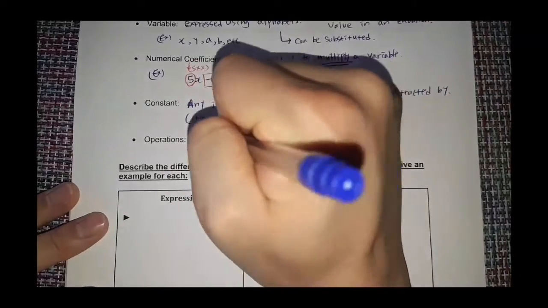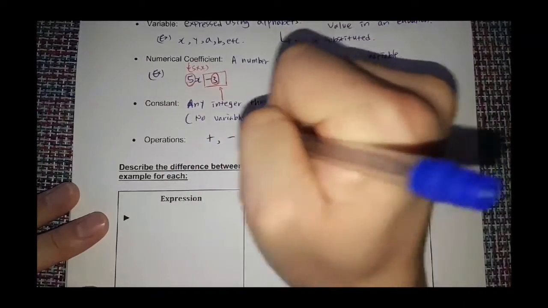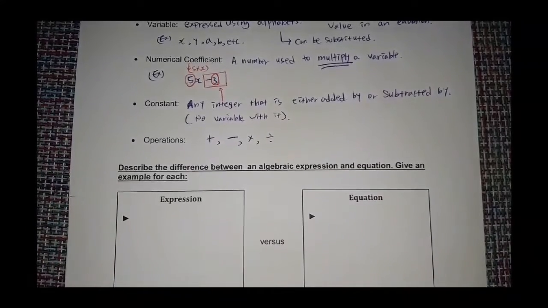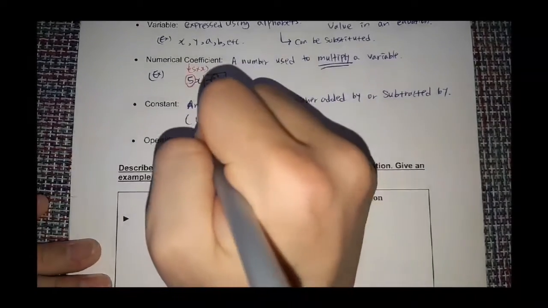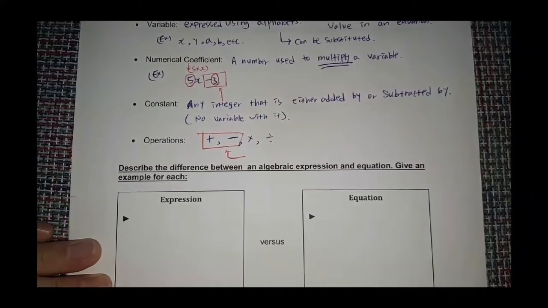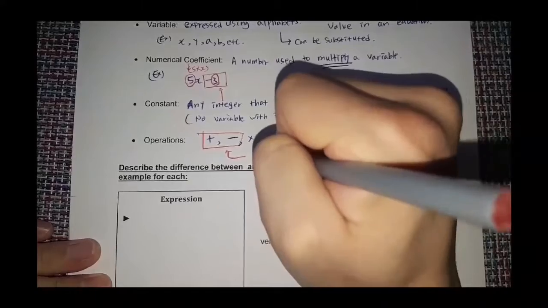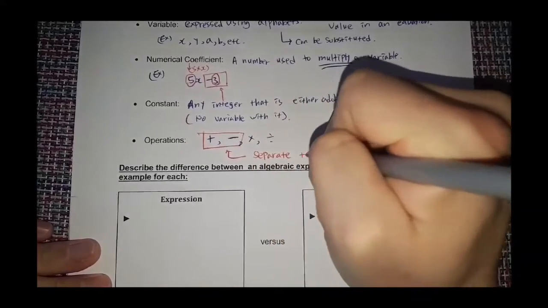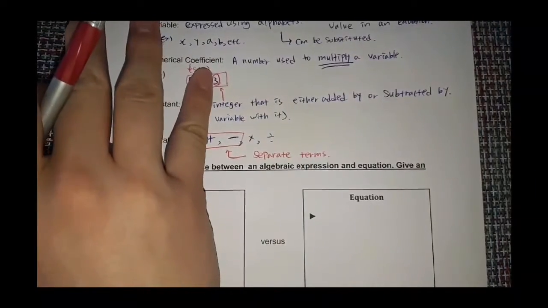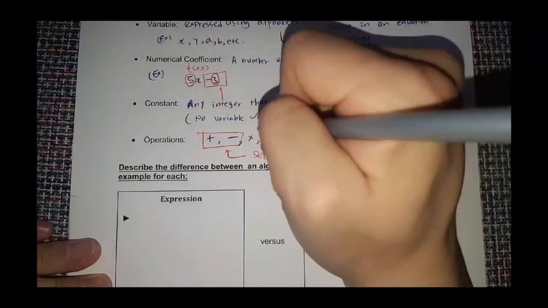Operation, well, we do have quite a lot of operations, but a good example is positive, negative, and multiplication, division. But positive and negative, so addition and subtraction, basically separate terms. Like 5x minus 3. 5x is one term, 3 is another term.